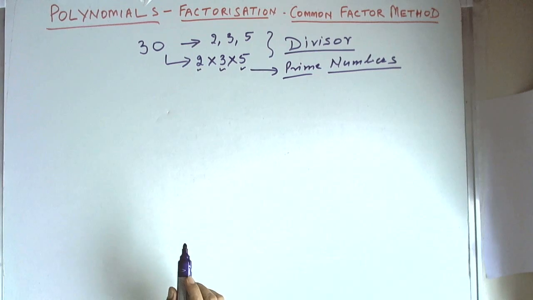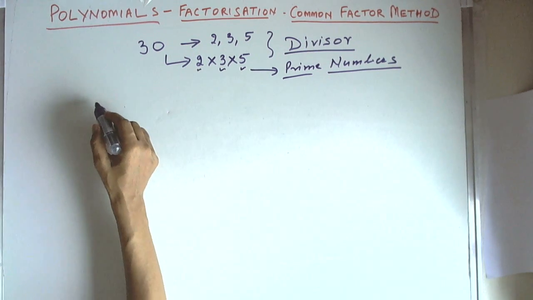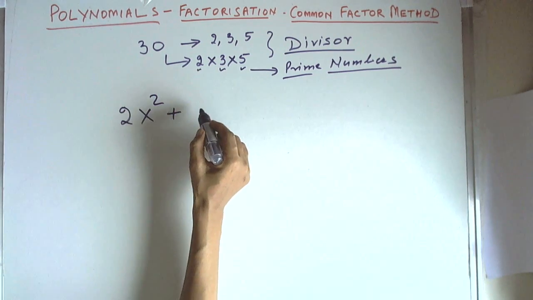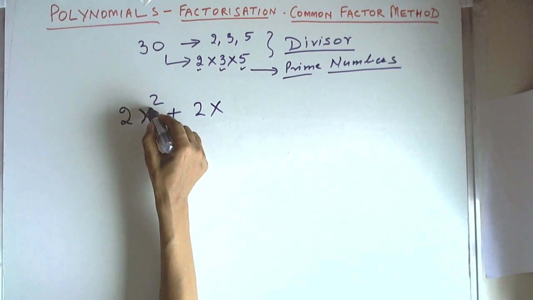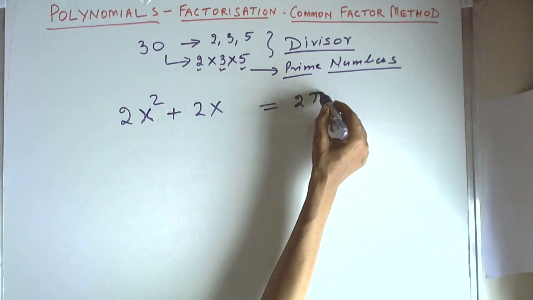Now when it comes to polynomials, let us take the example of a simple polynomial, 2x square plus 2x. This is a polynomial. How many terms are in this polynomial? 2 terms.